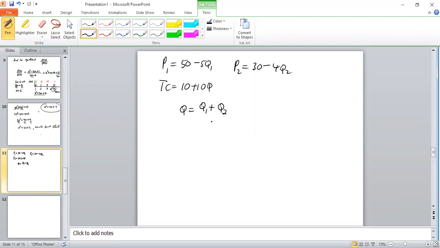Calculate the value of P which should be charged in each market to maximize the factory's profit. Calculate the value of P1 and P2. So the other thing that we should do is to come up with, what should we come up with?